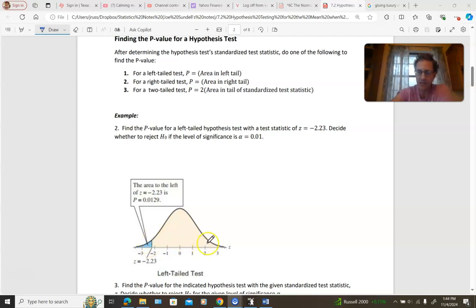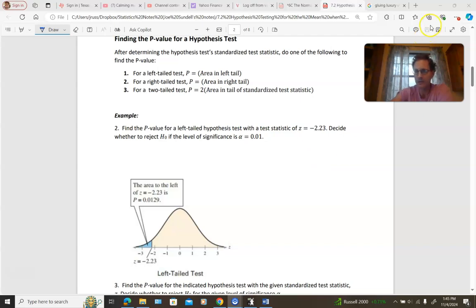That occurs sometimes. And then for a two-tailed test, you'd find your test statistic. It's either going to be in the left or in the right part of the tail, and you're going to figure out what the area either to the left or to the right of that tail is and double it. Because for a two-tailed test, you're counting the area that's in both tails, essentially.